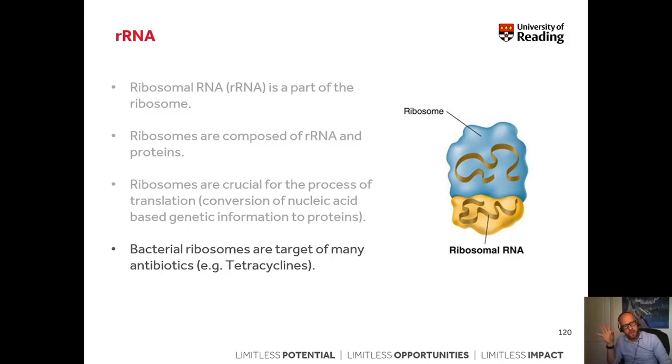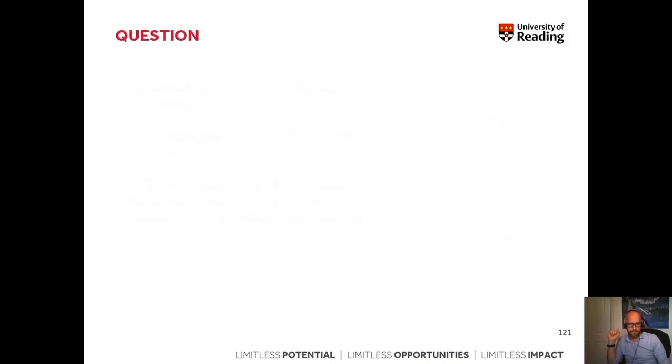On an important note here, and we will have a closer look at the ribosomes in our cell biology lecture series, bacterial ribosomes are the target of many antibiotics because they do slightly differ from human ribosomes, making them quite specific.